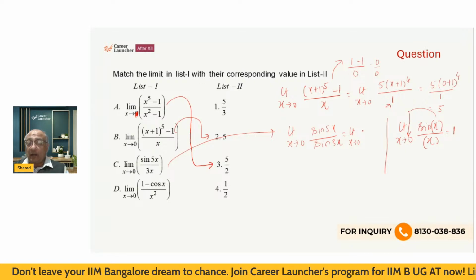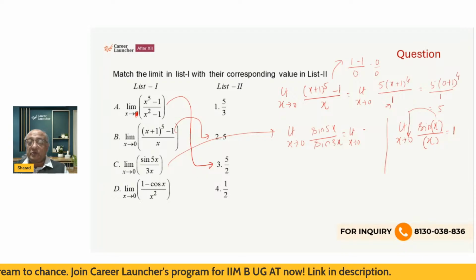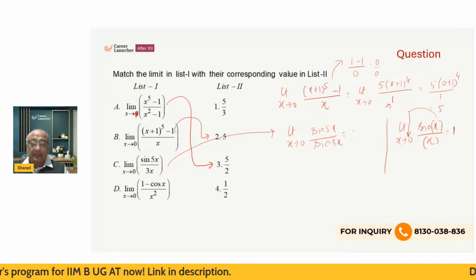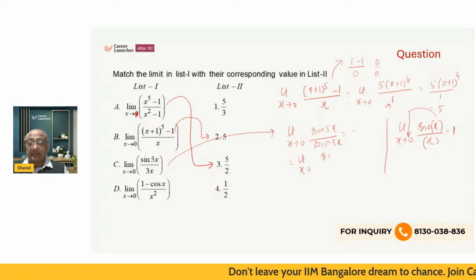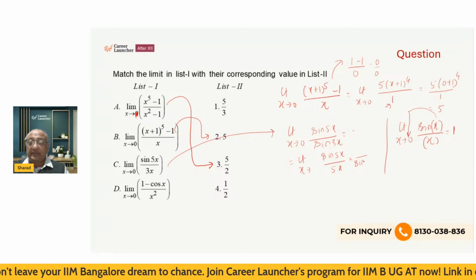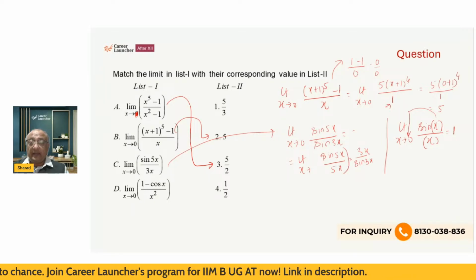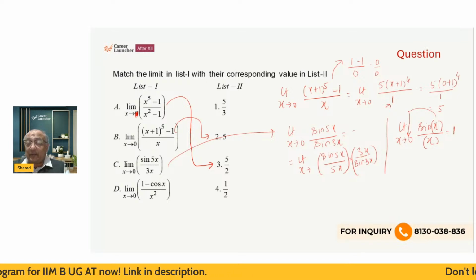The easy method in this is, I will not differentiate here. I will just do a little bit of algebraic manipulation to get my answer, which is multiplying and dividing and putting it in an organized fashion. I'll write sine 5x upon 5x, and here sine 3x upon 3x. But we can't just multiply 5x and 3x like this.